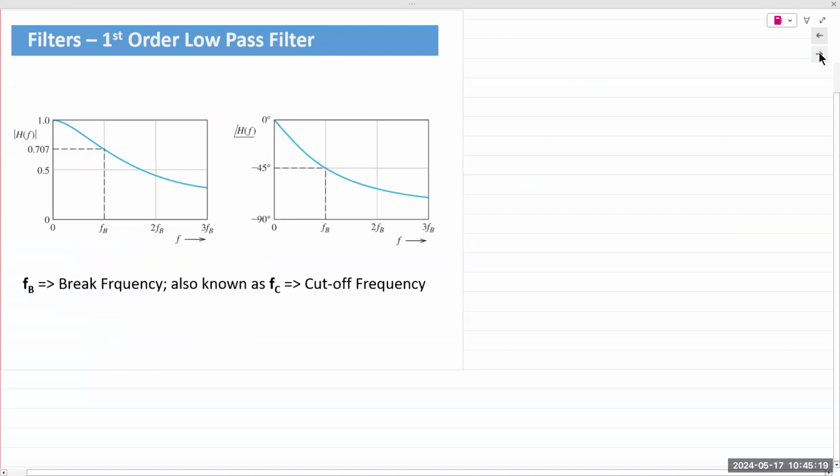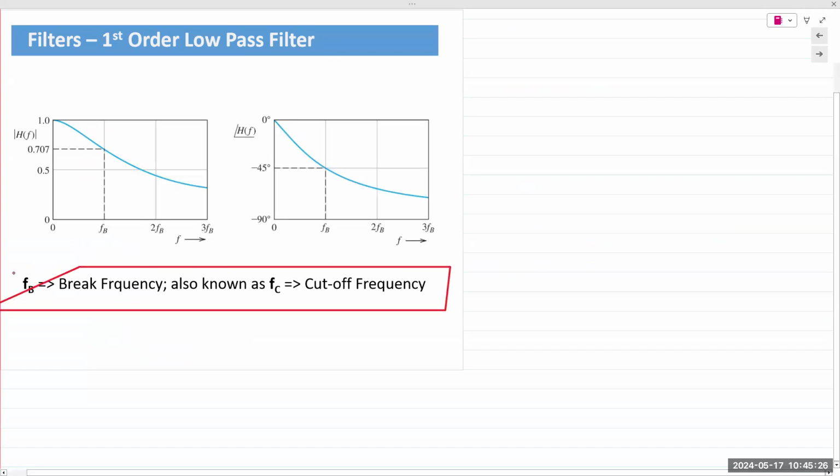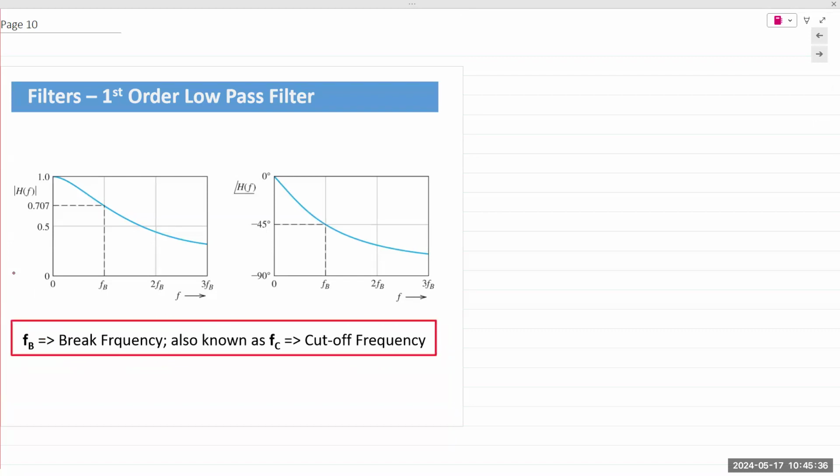So if we plot out a chart with a normalized transfer function, break frequency FB, so over here is a normalized transfer function. If it was an ideal filter, we could say for a low pass filter, this is FB here.